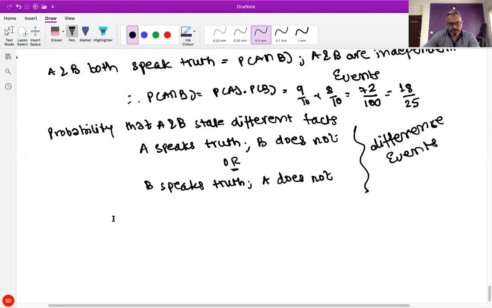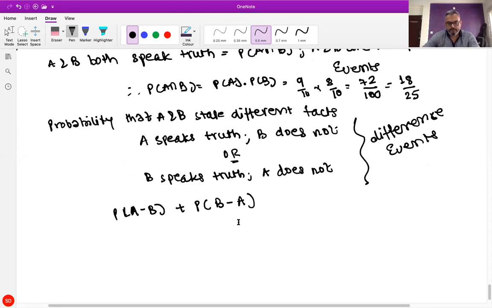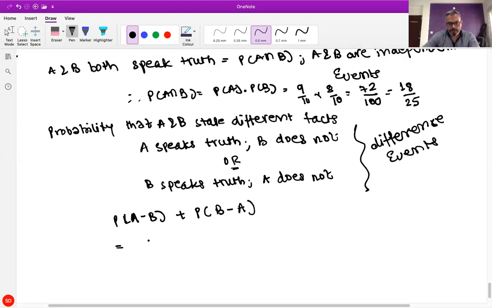So probability of A minus B plus probability of B minus A, which is equal to, either you can do it this way, probability of A intersection B complement plus probability of B intersection A complement.